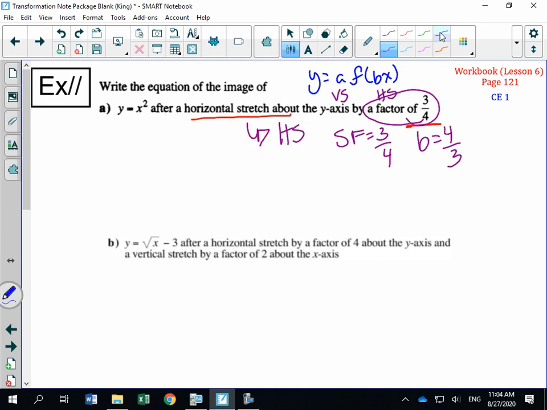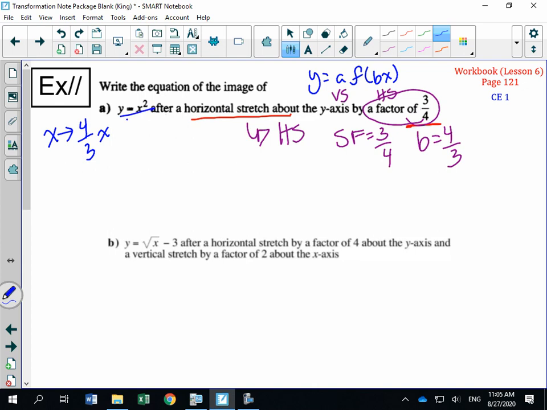And when we do our replacement notation, you're always going to replace x with whatever that b value is. So the replacement notation is x is going to be replaced with 4/3x.